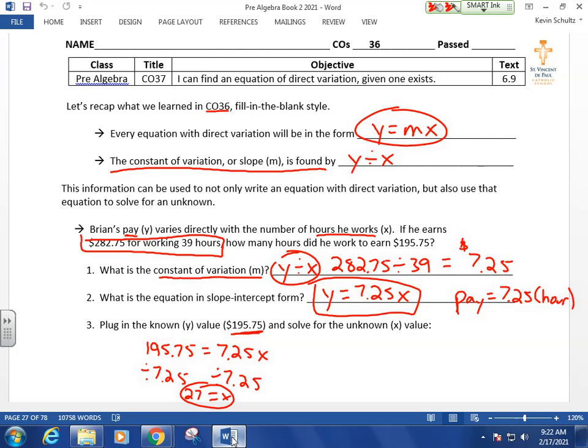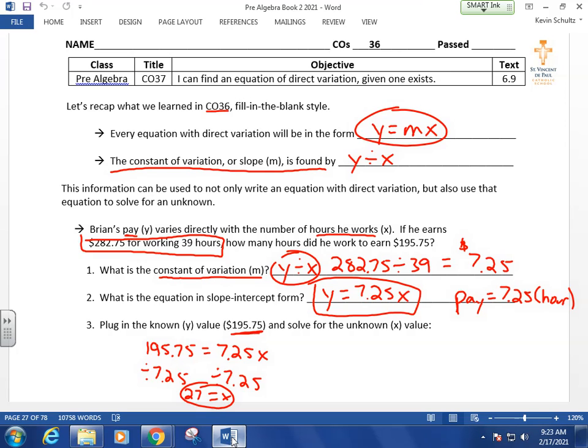That varies directly with tells us we can use this y divided by x to find the slope, which was 7.25. We then wrote the equation with that m value, that slope, plugged in, y equals 7.25x, and then plugged in what we knew, the total for y, 195.75, to solve for x. Okay? That was our process. It started with that y divided by x.